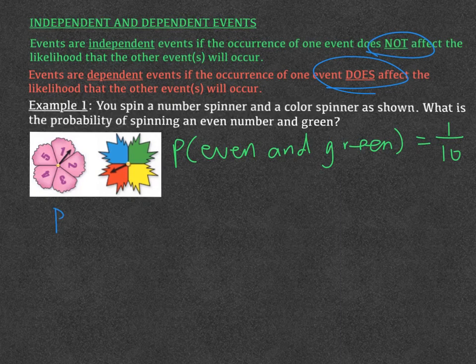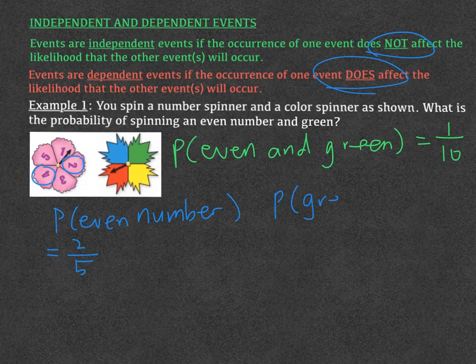So for the number spinner, the probability of getting an even number, as you can see, there are two even numbers, 2 and 4. So there's 2 out of the total possibility of 5. And for the color spinner, we have the probability of getting green, which is equal to 1 out of 4.